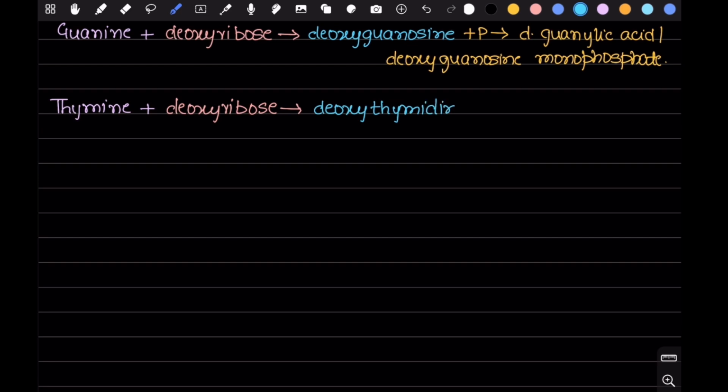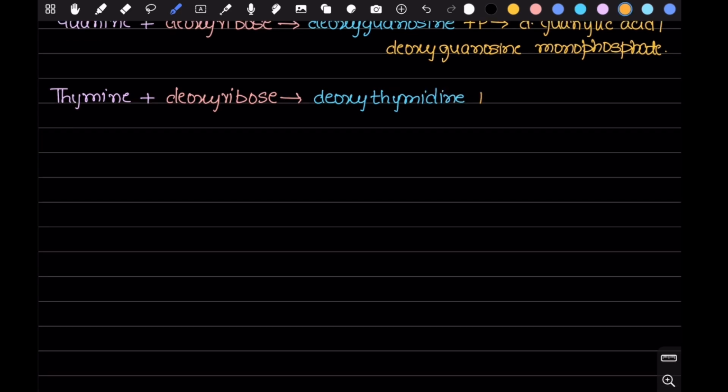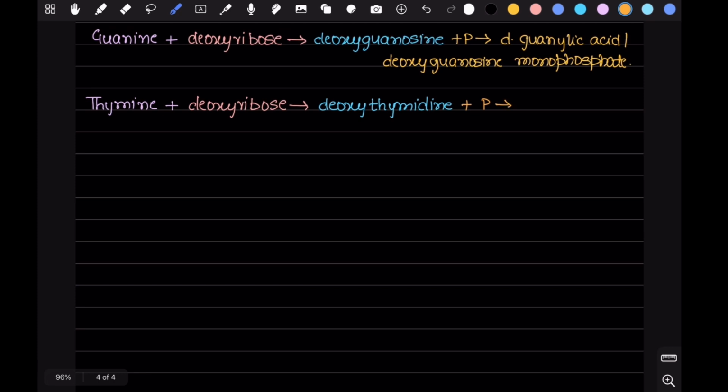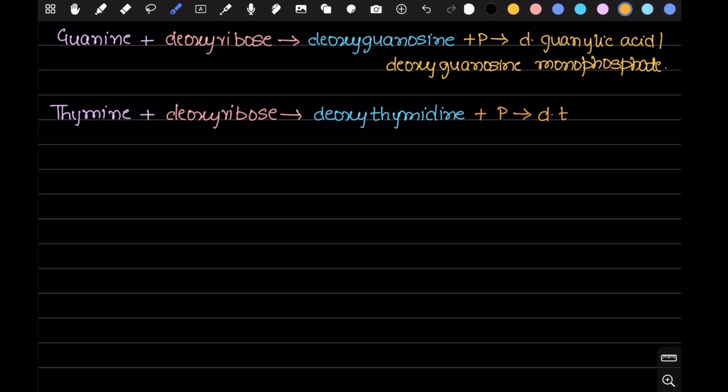Thymidine. And if we add a phosphate group to it, it would form a nucleotide, deoxythymidylic acid. Another name of this one is deoxythymidine monophosphate.